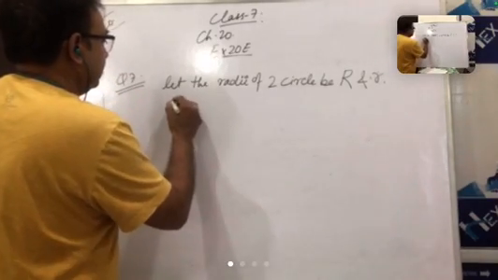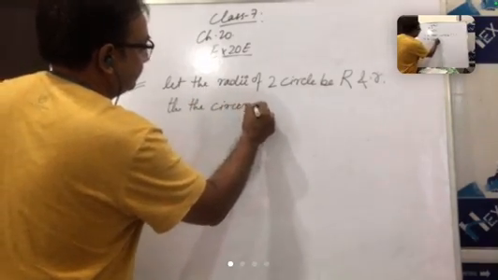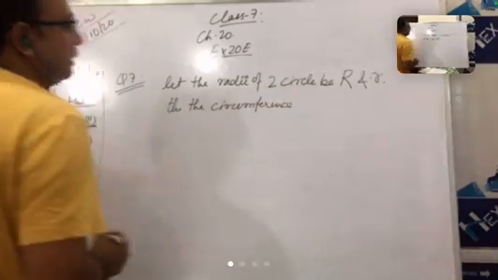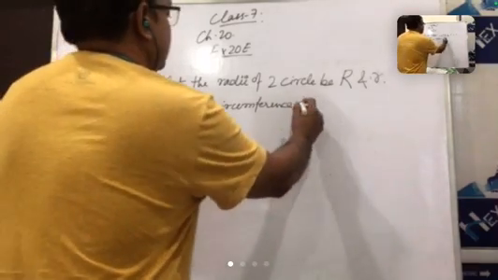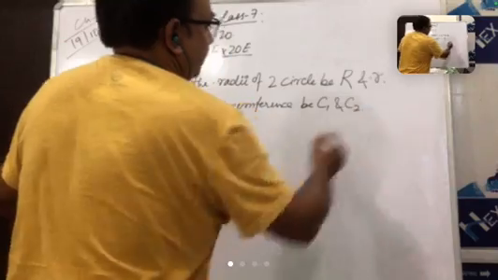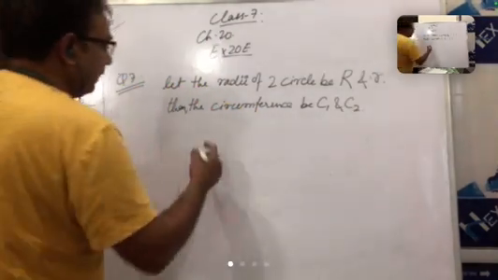And the circumference C1 and C2. Clear? Now, what is given?